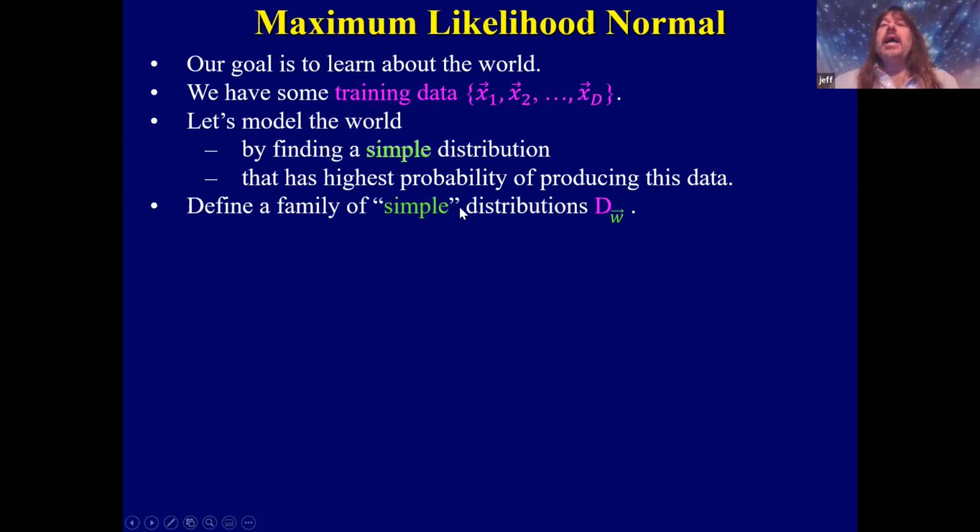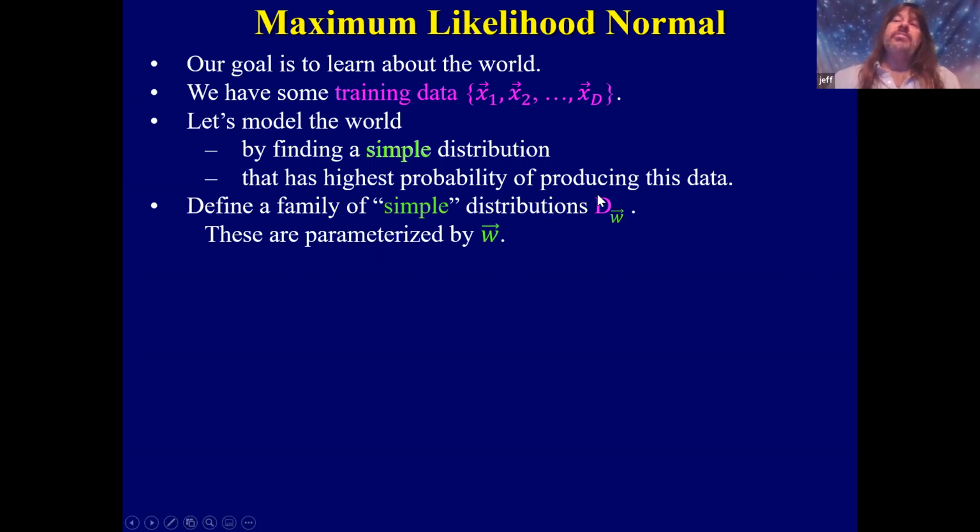So we're going to define this family of simple distributions, and they're going to be parameterized by our weights. Remember, we're always parameterizing things by weights. You give me a bunch of numbers W, and that will define some probability distribution. We will use that distribution to generate random information like those up there.